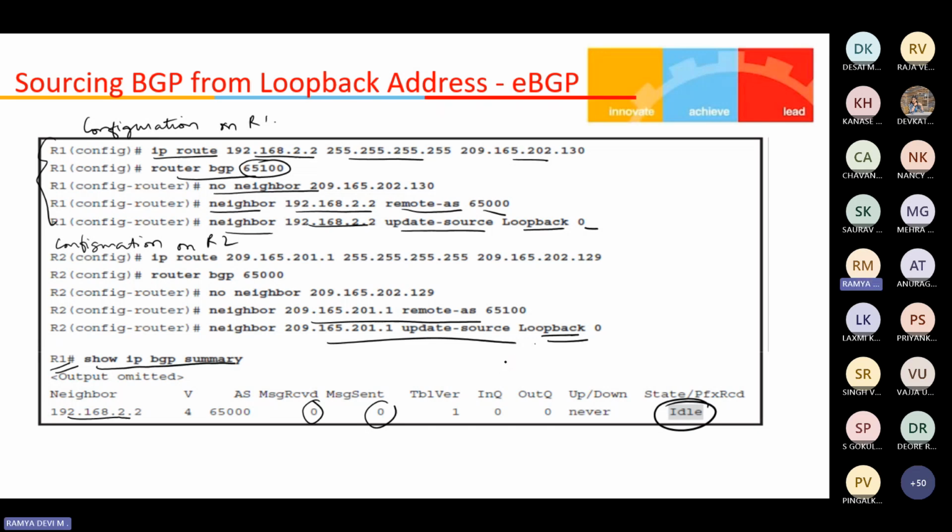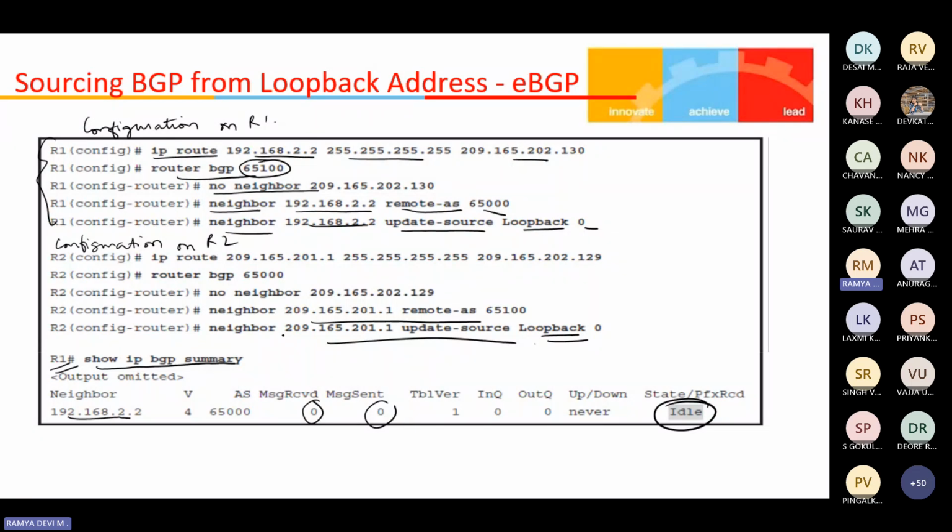So for eBGP over the loopbacks, you must configure the neighbor IP address, eBGP multihop together with the TTL value. So it can ensure the proper static routes to the IGP reachability for the loopback IP address.